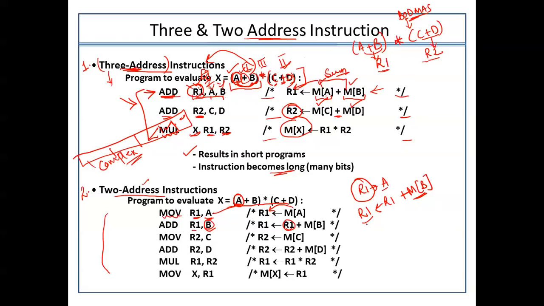The reason is that I can do this because it is a general purpose register. General purpose registers have the capability to load and store the data within the same register. Then after performing this, R1 now holds the result of A plus B.